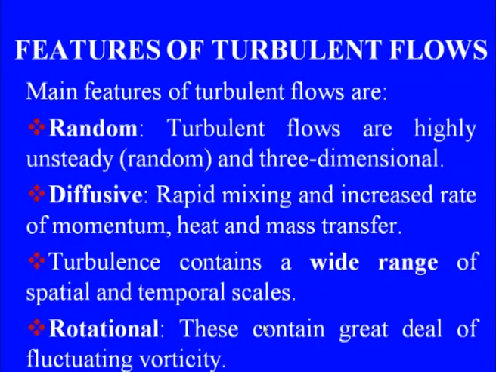The next characteristic is what we call rotational. Turbulent flows always contain a great deal of fluctuating vorticity. As you go to smaller length scales, the fluctuation becomes even more random and vigorous.